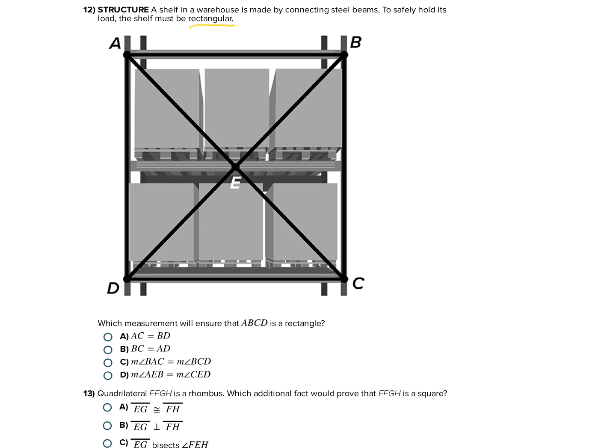Okay, so key property of rectangles is that their diagonals are congruent. So that means BD has to be congruent to AC. That is what's special about a rectangle and makes it different than a parallelogram, besides its 4 90-degree angles.